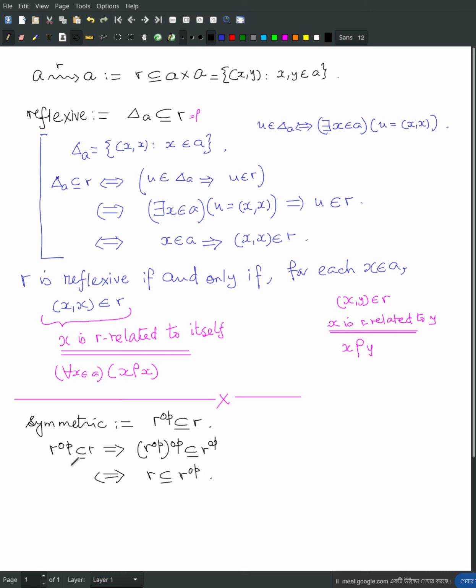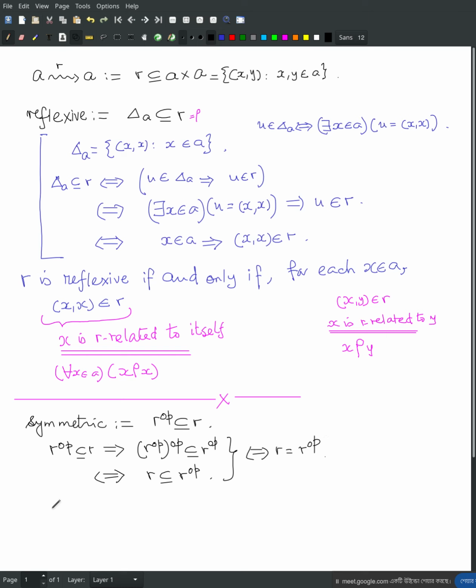So R op is a subset of R if and only if R is a subset of R op. So this therefore is the same as saying R is equal to R op. So now do you see the meaning behind this symmetry? What does it mean therefore?